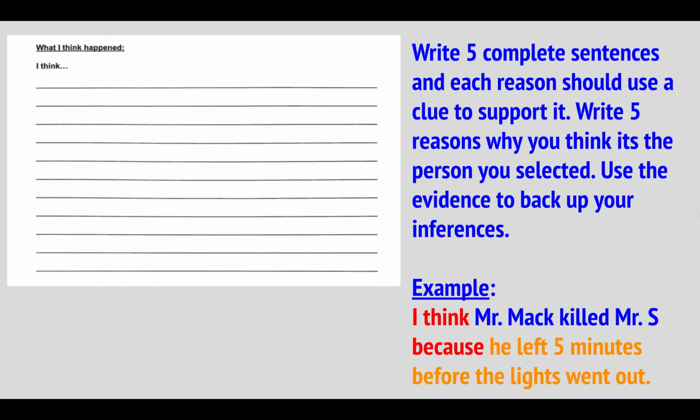Because, notice how the word because is signifying that I'm about to use a clue after it. I think Mr. Mack killed Mr. S because he left 5 minutes before the lights went out. Notice how the clue is in orange. I used evidence, clues to support why I think Mr. Mack killed Mr. S. So 5 complete sentences.